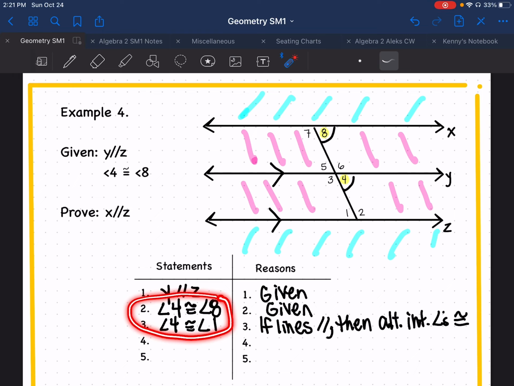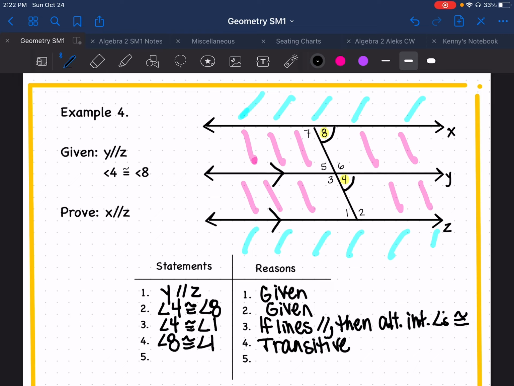Those are the only numbers I see. Which one is being repeated? Well, you guessed it, angle 4. If angle 8 and angle 1 are both equal to angle 4, then per the transitive property, they must be equal to each other. So I'm going to say that angle 8 is congruent to angle 1 by the transitive property.